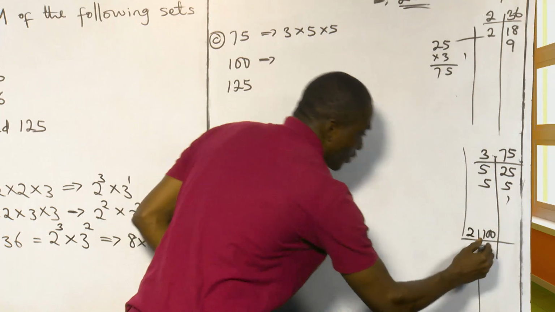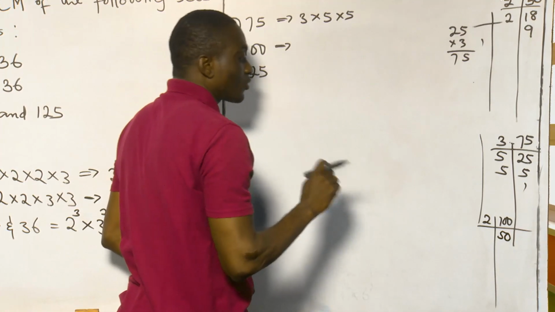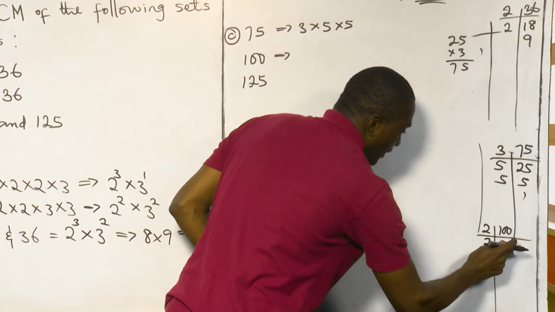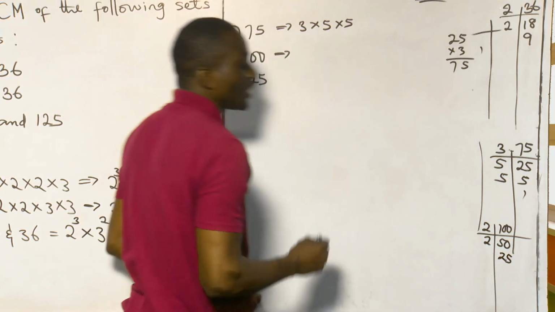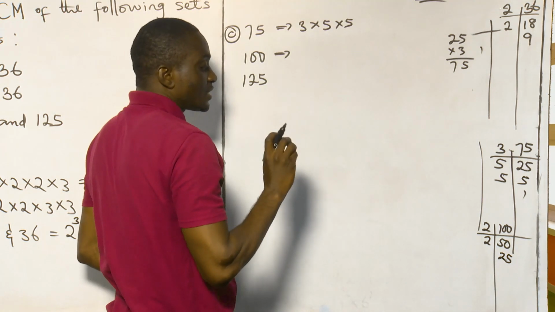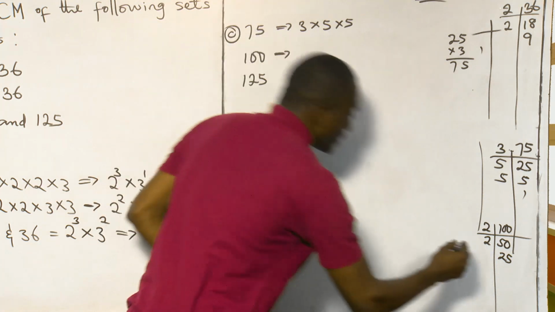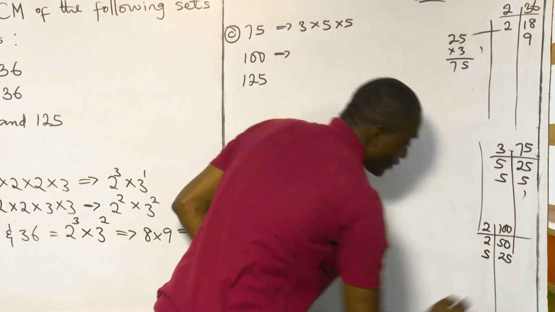2 in 100 will give us 50. The least prime factor of 50 is 2. 2 in 50 will give us 25. The least prime factor of 25 is 5. 5 in 25 will give us 5.